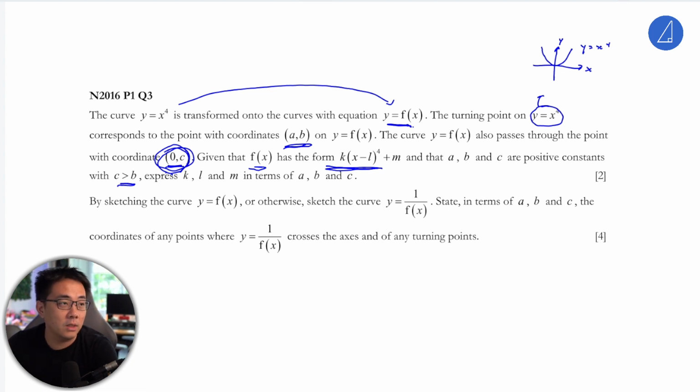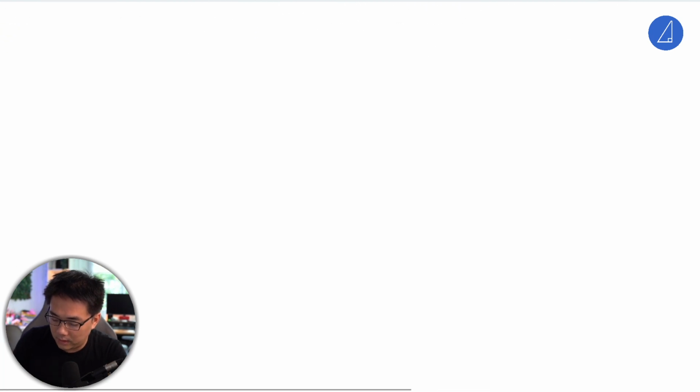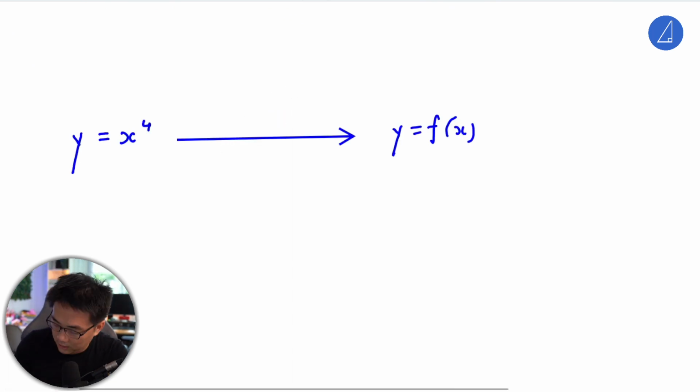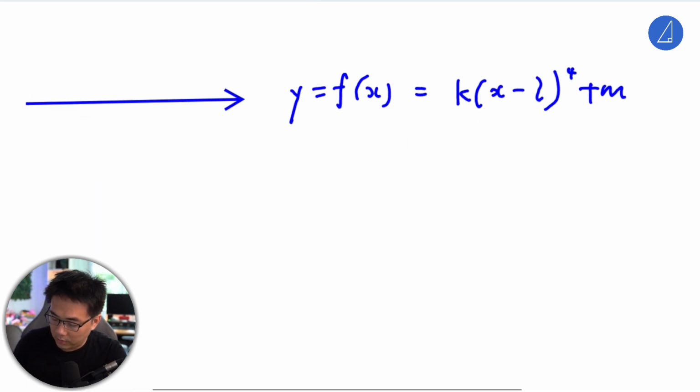I think mapping it out is important here. So usually what I'll do is I'll try to understand this is y = x^4. Somehow, when I transform this graph, I will get y = f(x). Then this is given by k(x - l)^4 + m. So I'll just try and write everything down here.